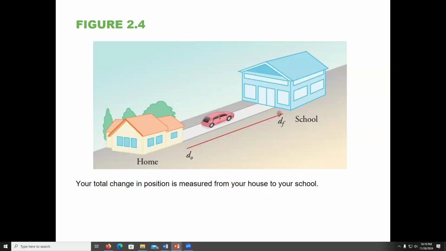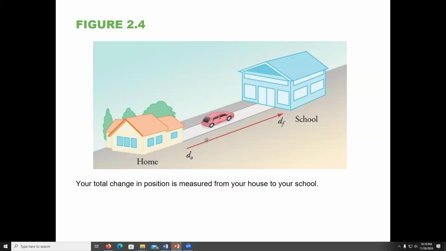So the final position was 0 and the initial position was 0. You started off from your home, it's a 0. You return back to your home, so it's a 0. Your final position is 0, initial position is 0. 0 minus 0 is 0.